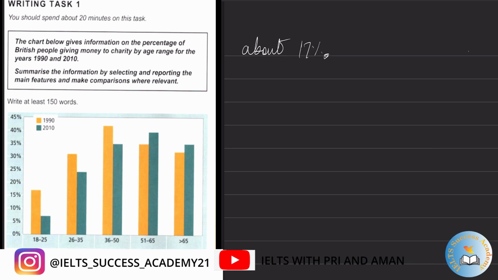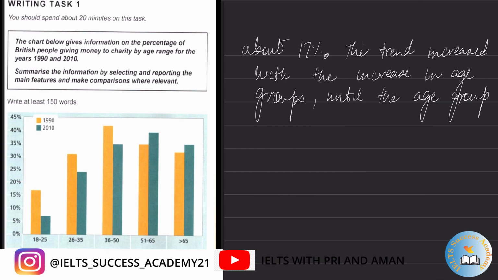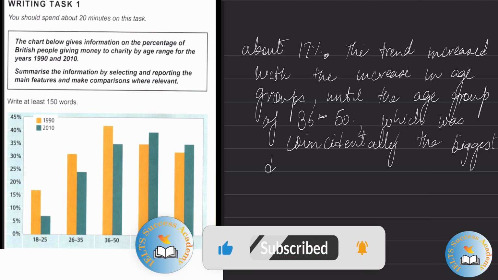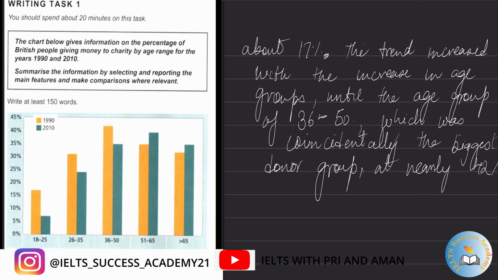The trend increased with the increase in age groups until the age group of 36 to 50, which was coincidentally the biggest donor group, because we can see that the age group of 36 to 50 is the biggest donor group, in the year 1990 at nearly 42%.